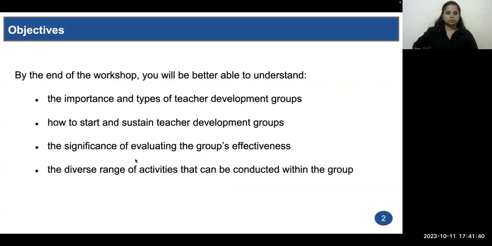By the end of the workshop, you will be better able to understand the importance and types of teacher development. Next, we will explore how to start and sustain teacher development groups. Then we will discuss the significance of evaluating the group's effectiveness. And finally, we will discuss the diverse range of activities that can be conducted within this group.